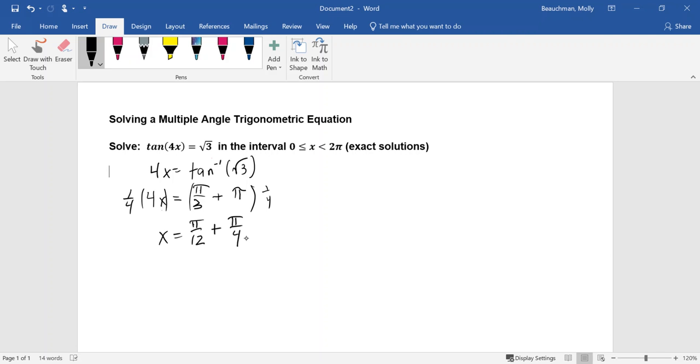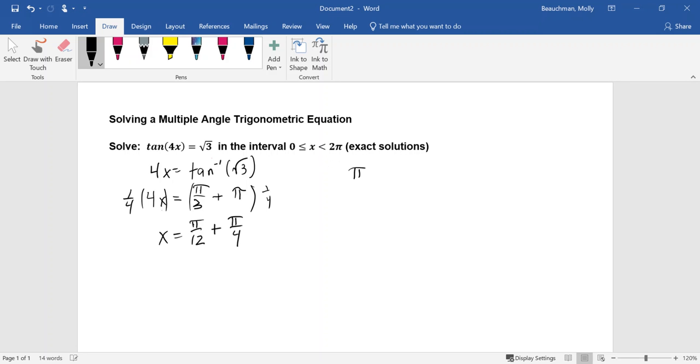Now remember when we looked at the graph, our tangent equation repeats every pi over 4. And the first time that the tangent of 4x is equal to the square root of 3 is at pi over 12. So what I want to do to get all the answers is just keep adding pi over 4 until I get all of the answers between 0 up to but not including 2 pi.